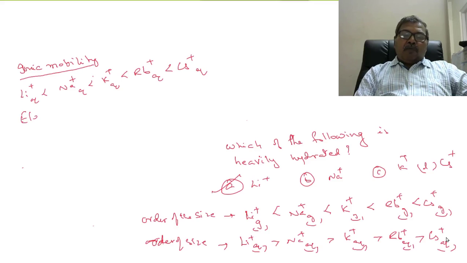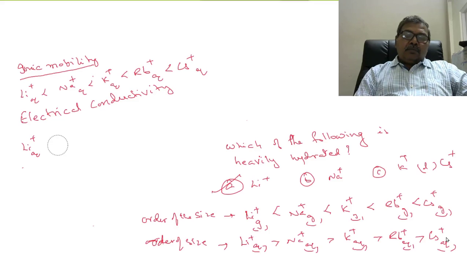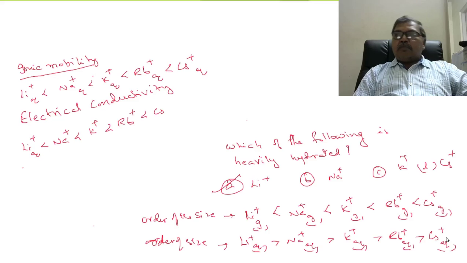Therefore, the order of electrical conductivity: Li+ conductivity is less than Na+, less than K+, less than Rb+, less than Cs+.